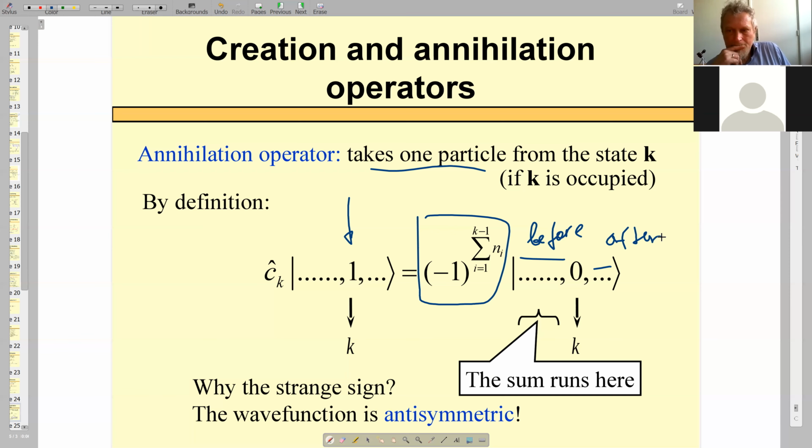It depends on the state. That is common. Any operator, since we describe the action of the operator on a state, of course the result depends on the state. No, but the operator itself depends on the state, or not.